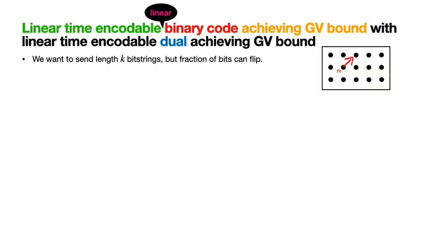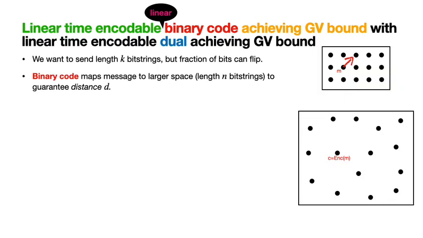The way a binary code solves this problem is by mapping the messages to a much larger space before sending them. In this example, instead of sending the length k bit string m, we might send instead the longer length n bit string, which we now represent by c, the output of some encoding function of the original message m.